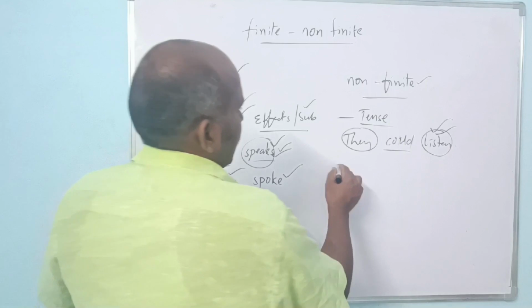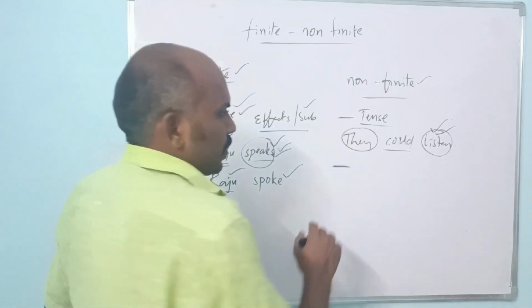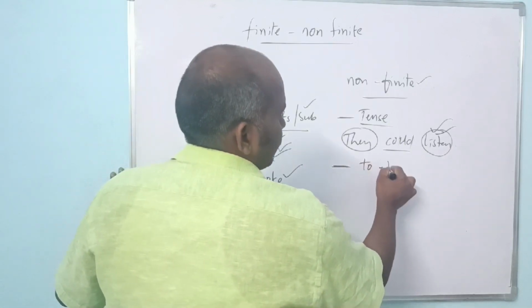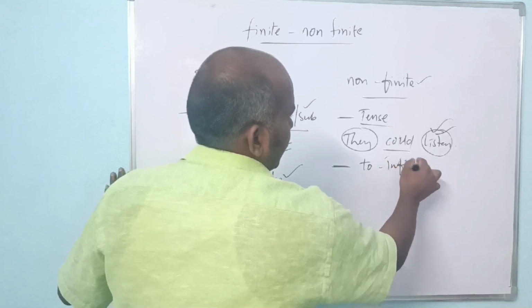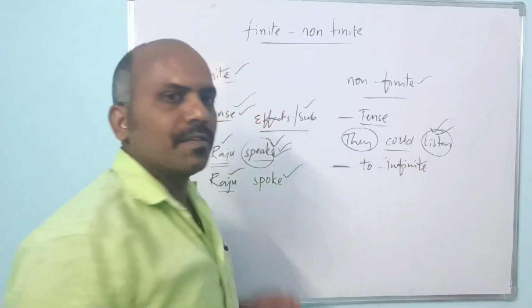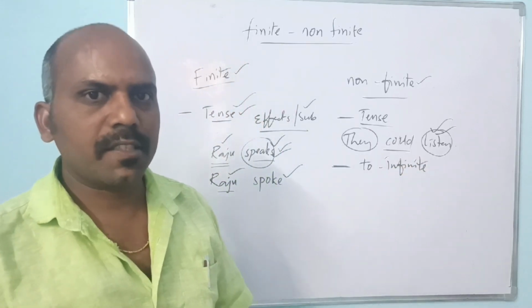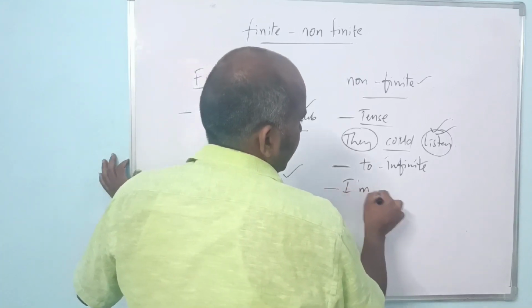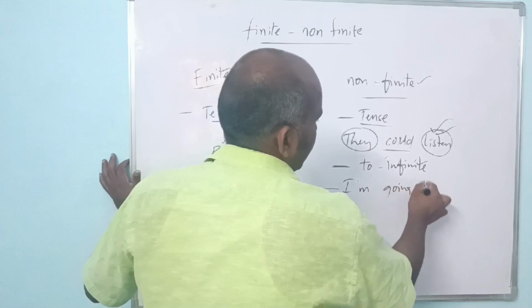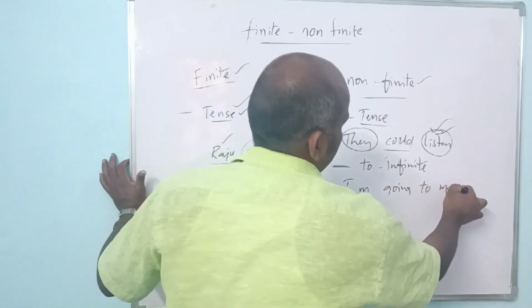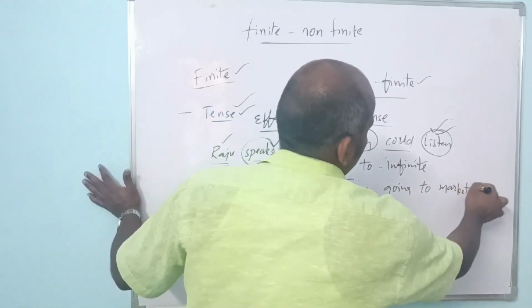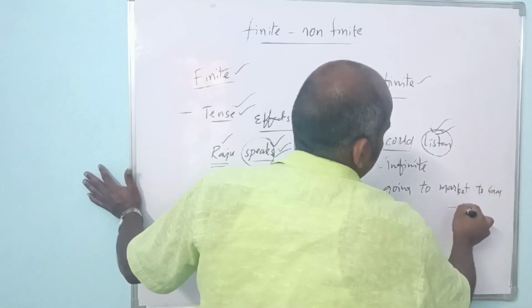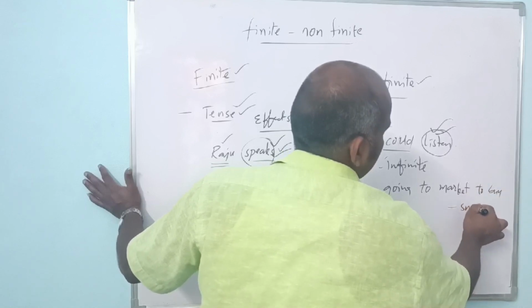And coming to one more: to plus infinitive verbs are called non-finite. Suppose, I am going to market to buy snacks.